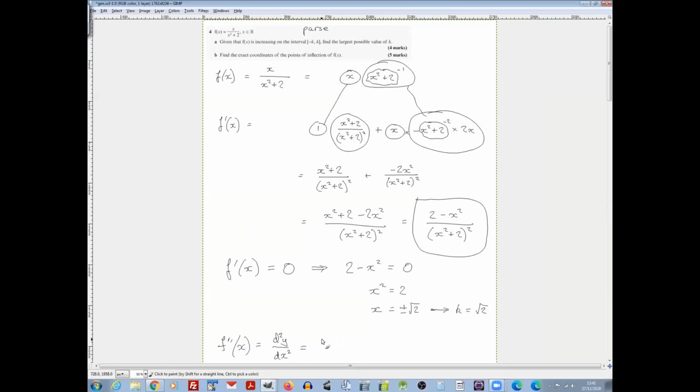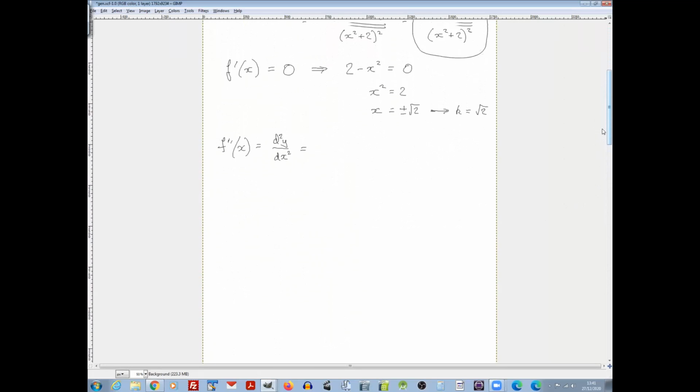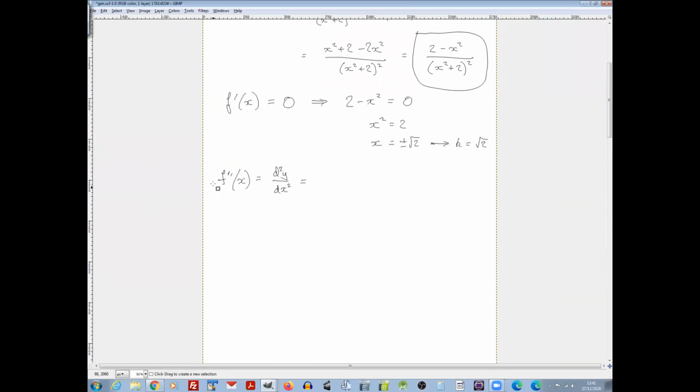So we've got some work to do. Let's remind ourselves of what f dashed of x is. The derivative, the whole of that fraction, is what we've got to differentiate now.